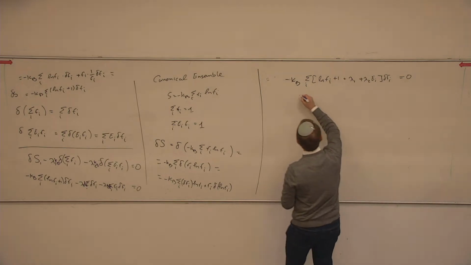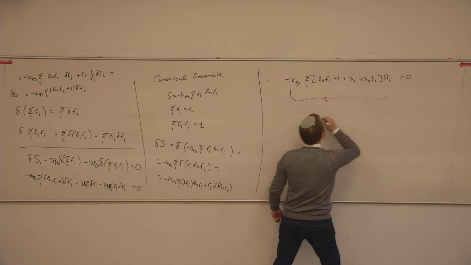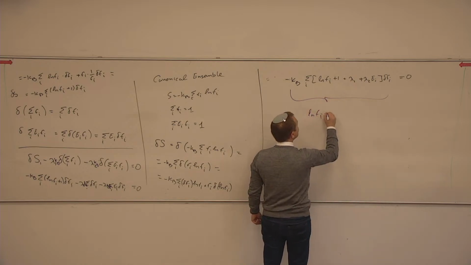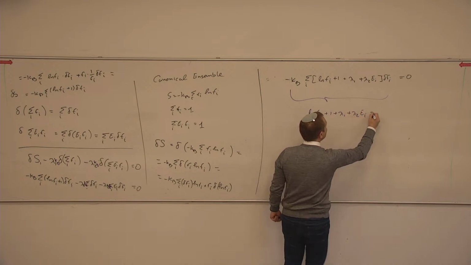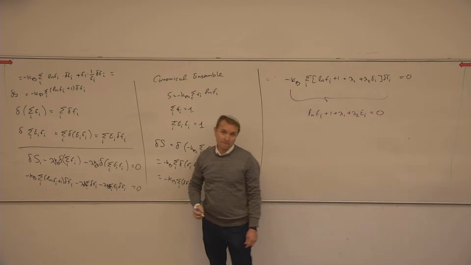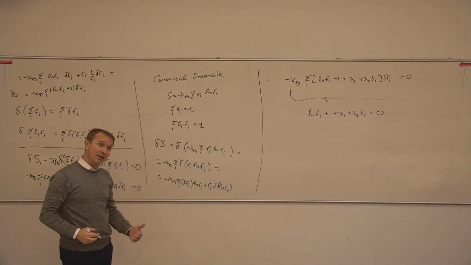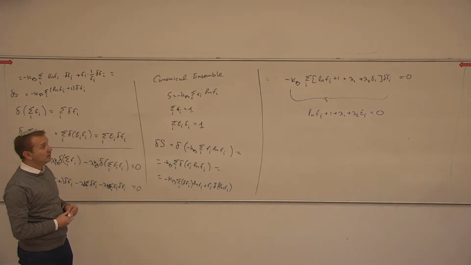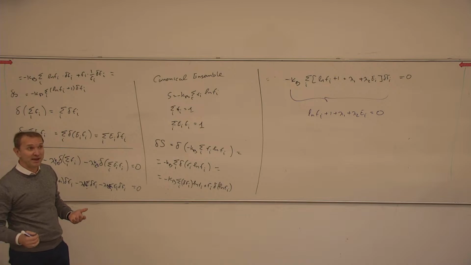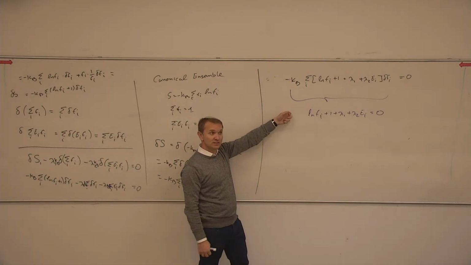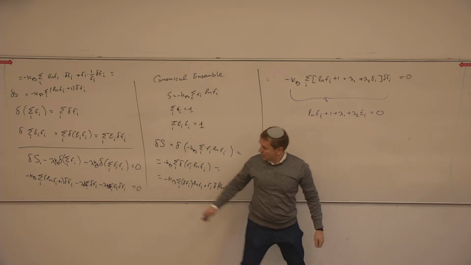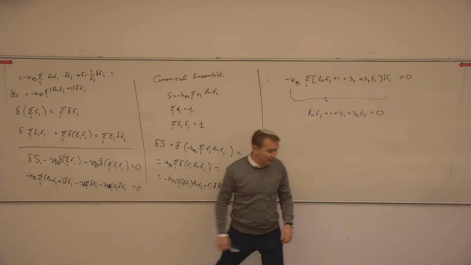I know that log of fi plus 1 plus lambda 1 plus lambda 2 ei has to be equal to 0. Okay? This is why I use Lagrange multipliers. Otherwise, they are somehow dependent, and then I cannot perform this step. Okay? So this is just allowed by introducing those multipliers.